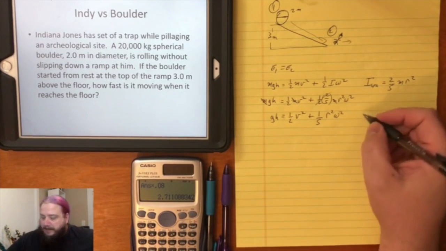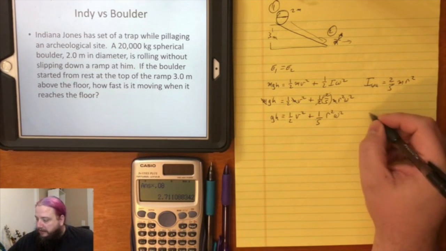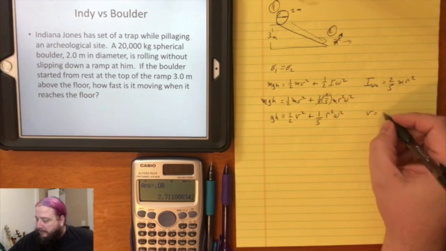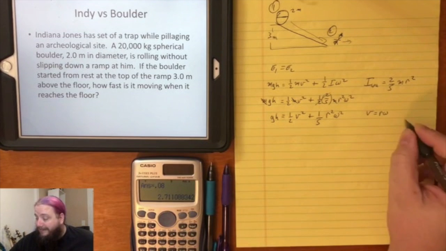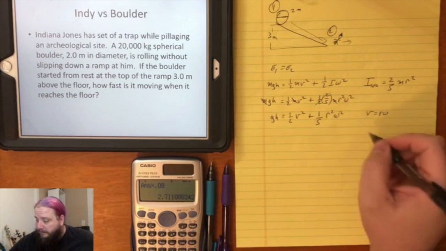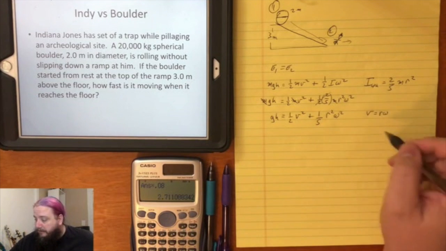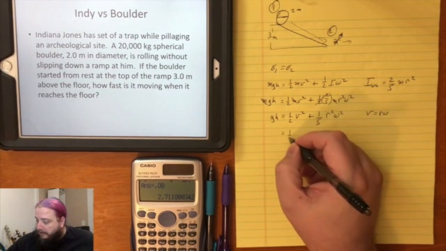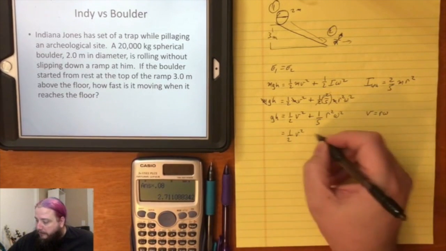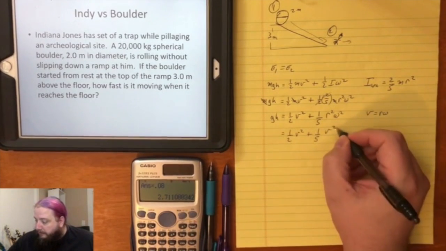And we're going to turn that r omega into a velocity by using the rolling without slipping condition. So instead of getting rid of the velocity, we're going to get rid of r squared and omega squared. So this is 1/2 v squared plus 1/5 v squared.